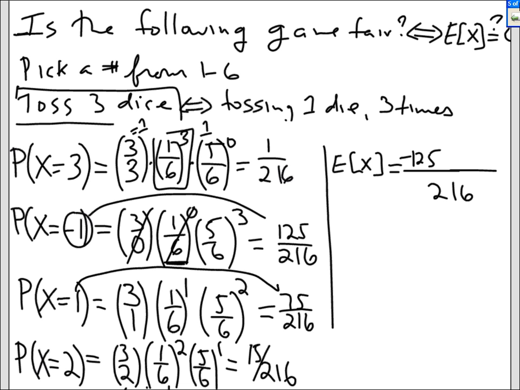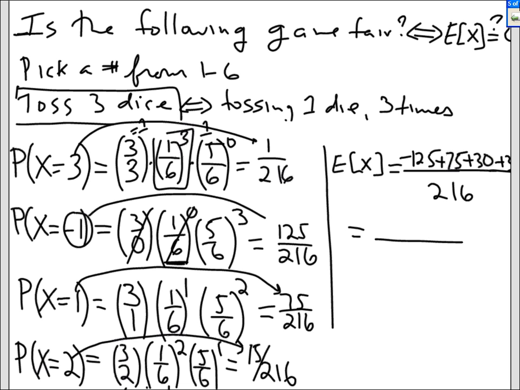We have plus 1 times 75 over 216, which is plus 75, and yes, I'm dividing it by 216. Then x is 2. You have 2 times 15 over 216, which is 30 over 216. Then you have plus 3 times 1 over 216, which is 3 over 216.